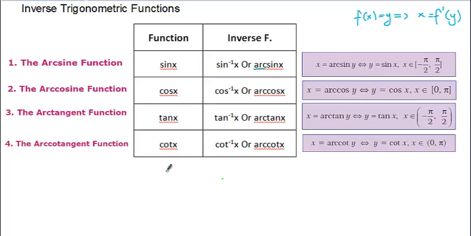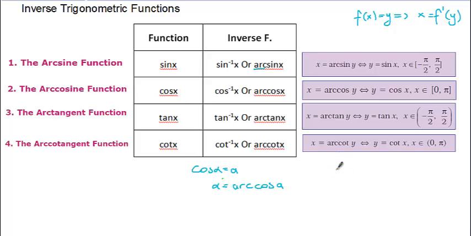Now, let me explain this with some numerical examples. If cosine alpha is equal to a, then alpha is going to be equal to arc cosine a.